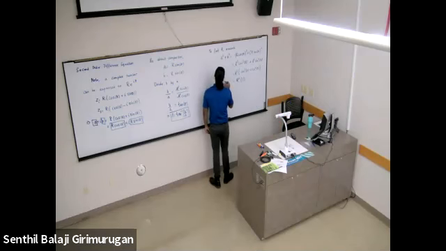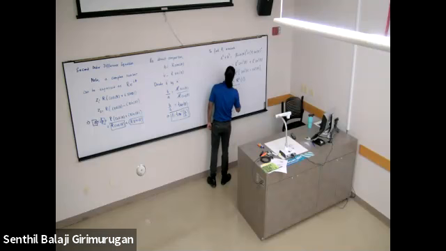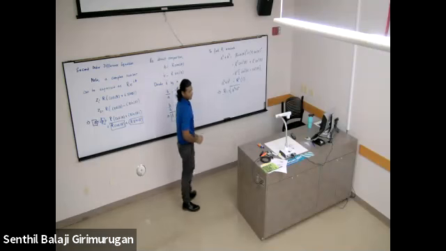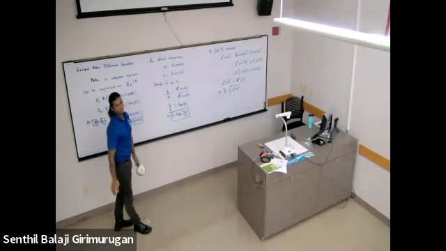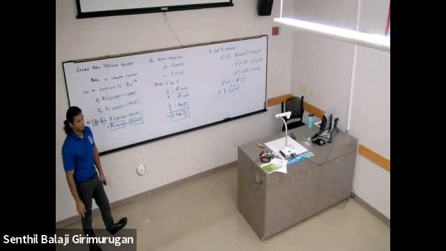So r squared is simply a squared plus b squared, which would mean r is the square root of a squared plus b squared.